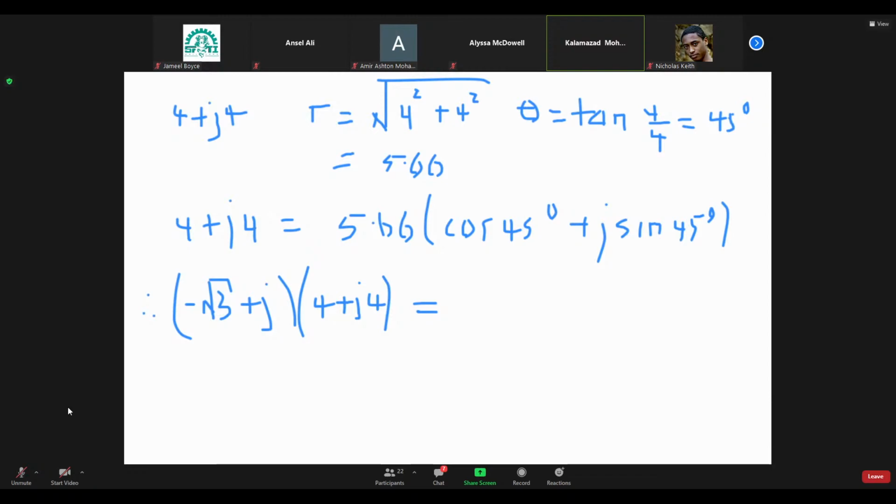Remember, it's going to be multiply the r's.